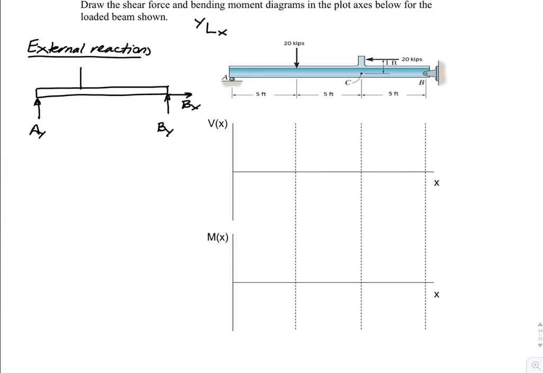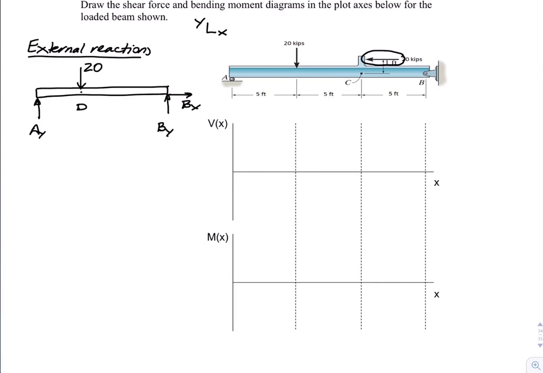We have the external transverse load of 20 kips there at what I will call point D. And here at C, I'm going to recognize the fact that I can move that 20 kip force anywhere I want to, provided that I carry along the appropriate couple that makes it equivalent to what it was before.